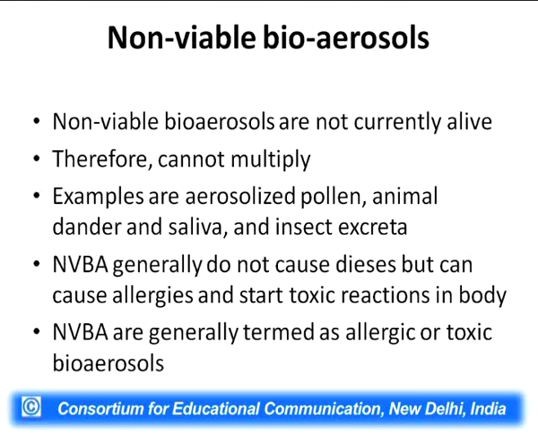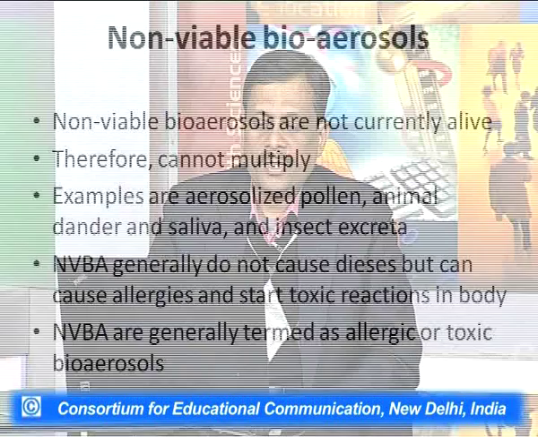In fact, these bioaerosols do not directly cause any harm to the body, but their chemistry, their composition or the secretions they make, are harmful to the human body. Those secreted chemicals are usually pathogenic, harmful or toxic to the human body.